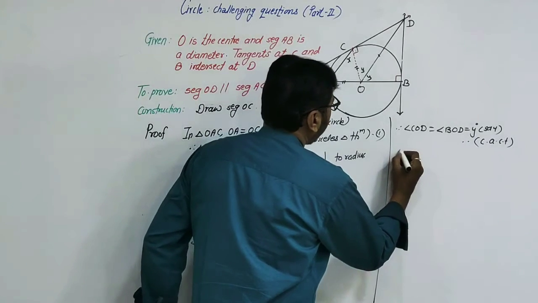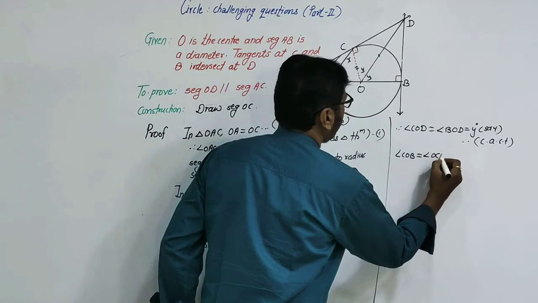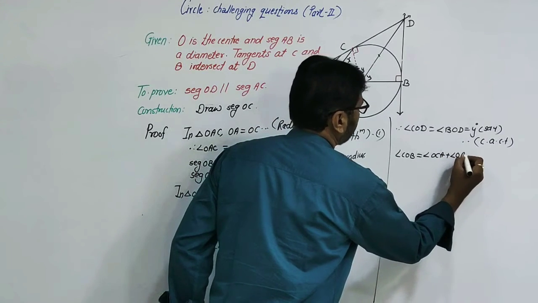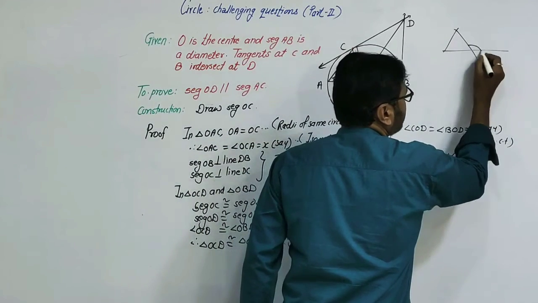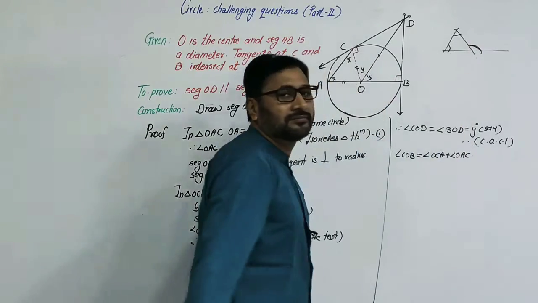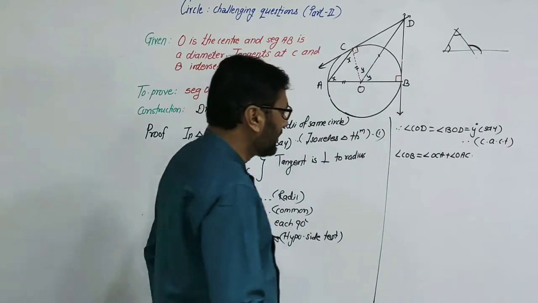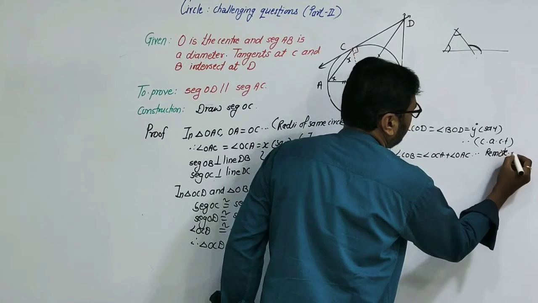I will write angle COB is equal to angle OCA plus angle OAC. This is the exterior angle of this triangle. This angle is always equal to this plus this. Remote interior angle theorem. You will write the reason, remote interior angle theorem.